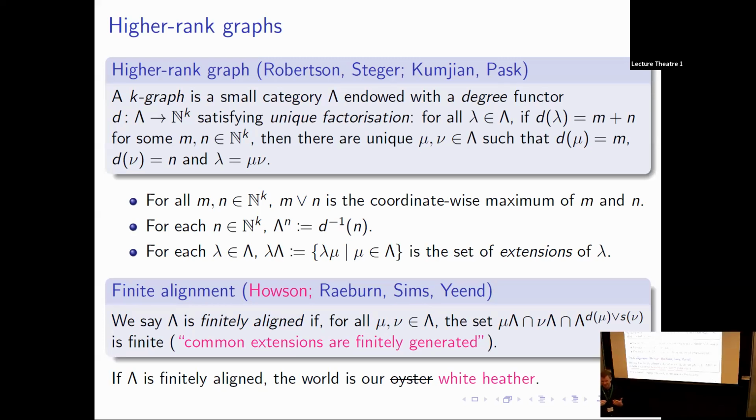I started from the other direction, and so to me it feels like when you add finitely aligned back in, the world's your oyster, which is not to say I can do anything I like, obviously it's still a very difficult setting to work in, but I've for a long time been floundering trying to do just the basic things in the non-finitely aligned setting. So it feels like the world's your oyster.